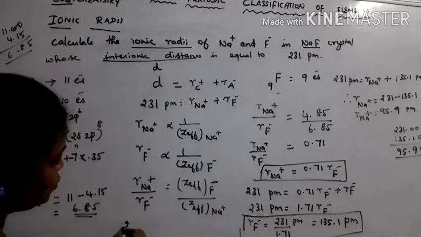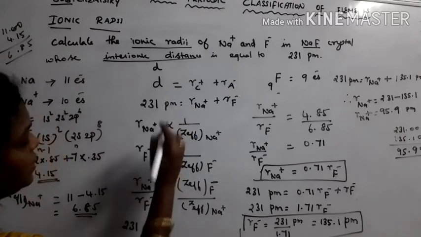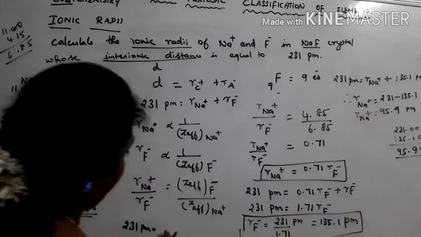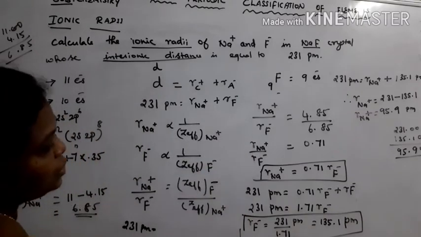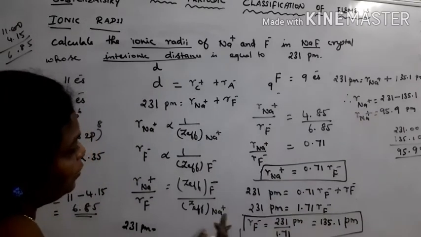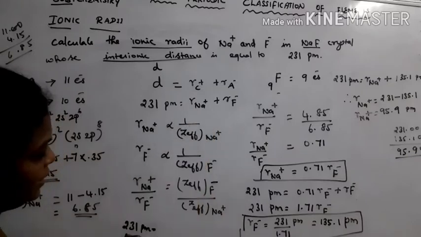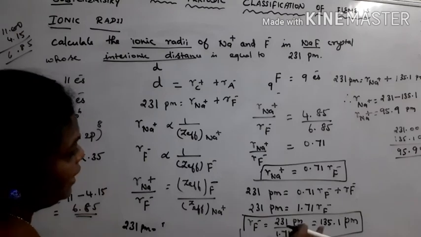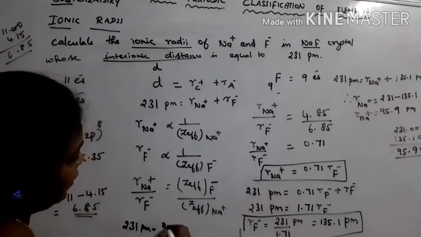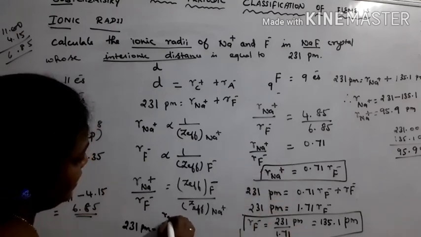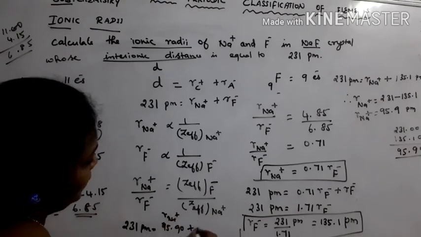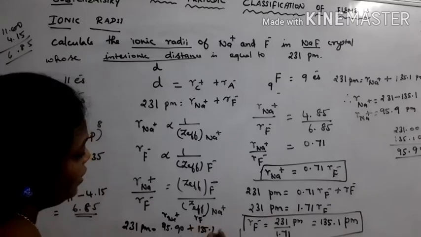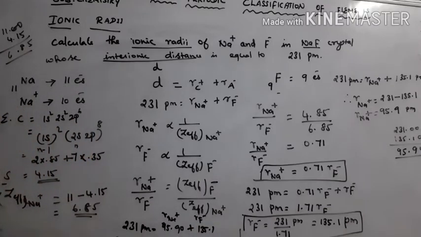Let us see here, 231 picometer is equal to, now the radius of Na plus is equal to 95.90 as well as the radius of fluoride ion equal to 135.1. If you substitute the values, we are getting 231 picometer. While we are adding, we are getting this.